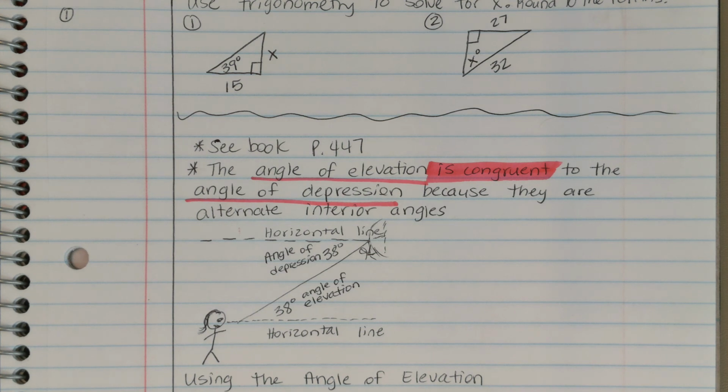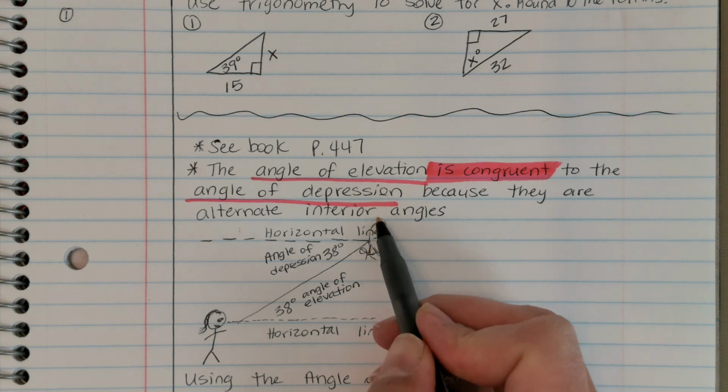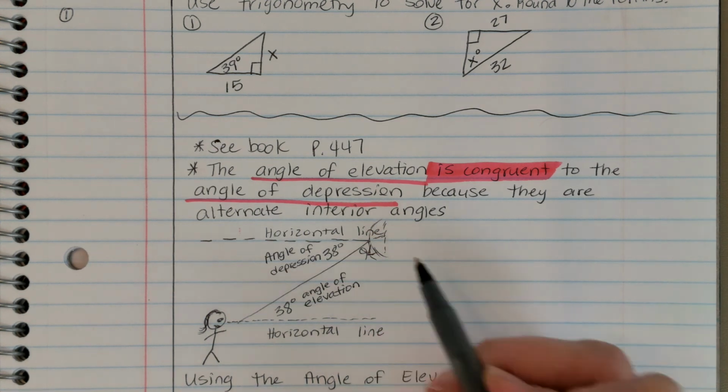Remember to pause if you ever need to. So I just did a quick sketch of what it was showing in the book on page 447. So I recommend you do that as well. We've got the hang glider, and I'm not a good artist, so just do the best you can. Just draw a hang glider and a little person.